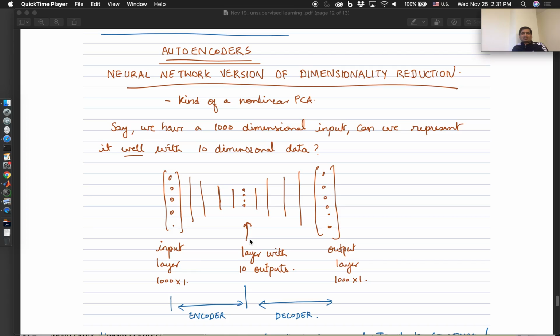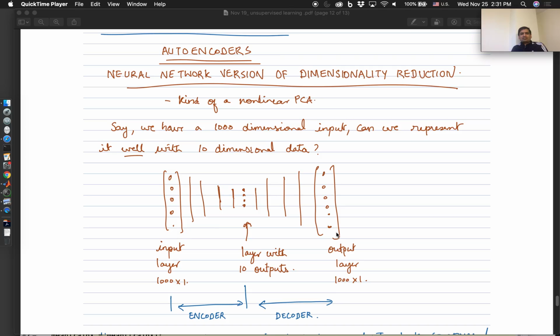And then we have a layer with 10 outputs, so really small layer. And then we have a few layers with more and more neurons. And then the final layer having 1,000 neurons again, the output layer, okay?